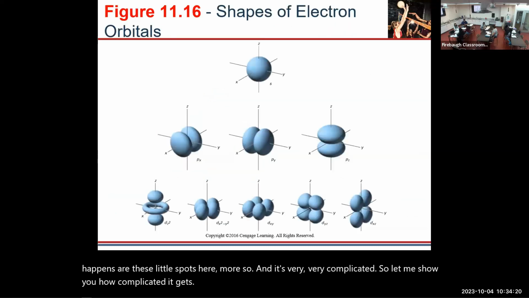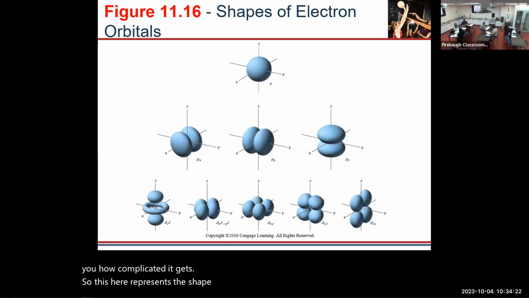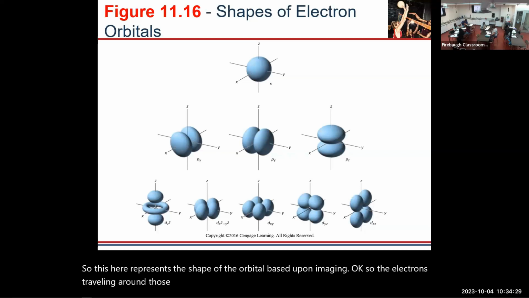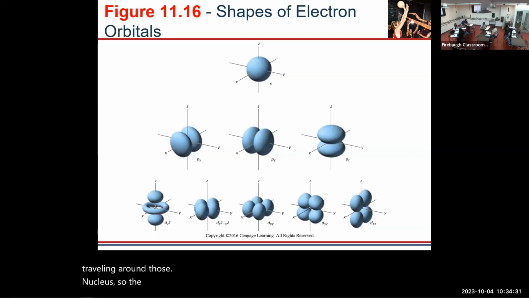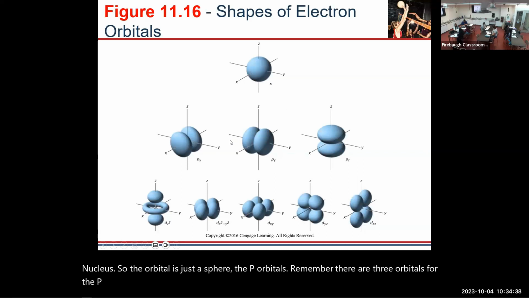So this here represents the shape of the orbital based upon imaging. The electrons are traveling around the nucleus. The s orbital is just a sphere. For the p orbitals, remember there are 3 orbitals. So this is px, this is py, this is pz.